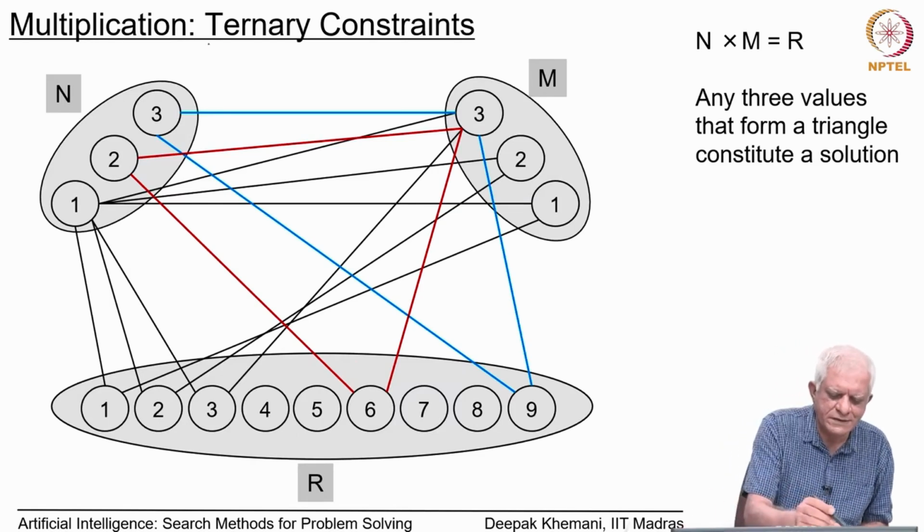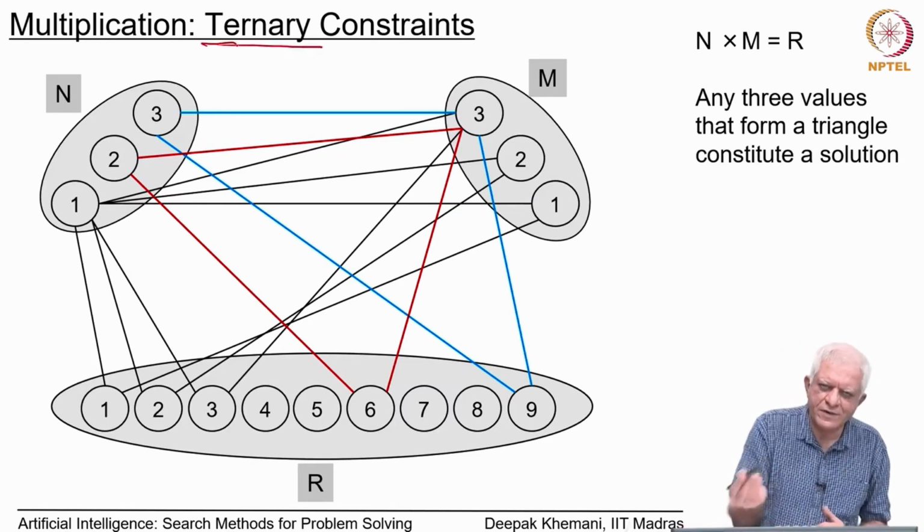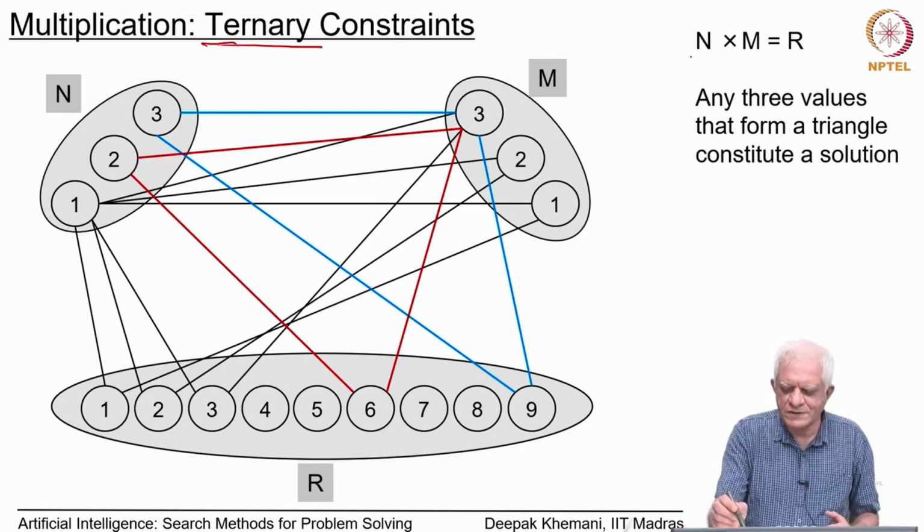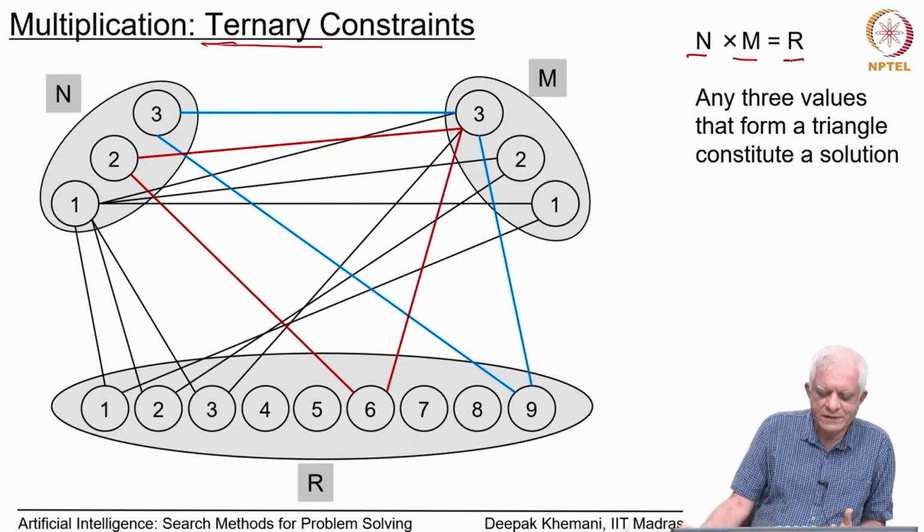So, multiplication is a ternary constraint. Why? Because it is a relation between three elements: the two inputs n and m and one output r, and this is a matching diagram that we have seen.